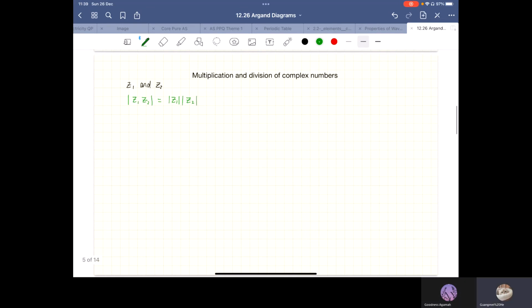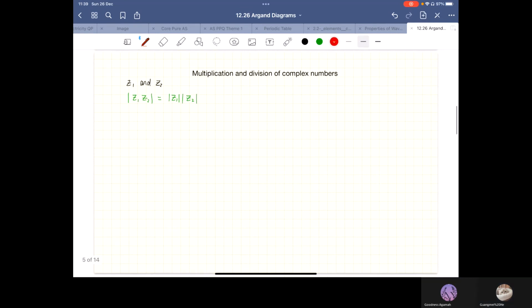And the same way applies for argument of z. So argument of bracket z1 z2 is equal to argument of z1, but not times now. It's argument of z1 plus argument of z2.